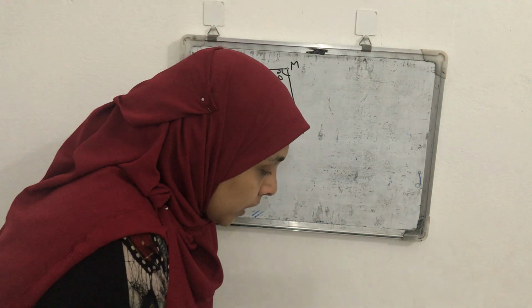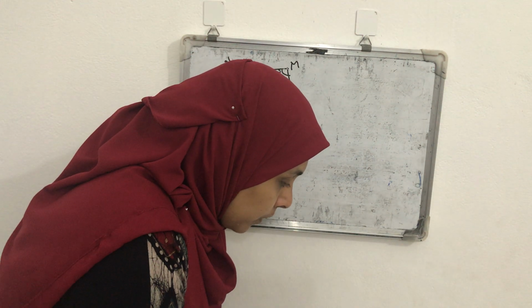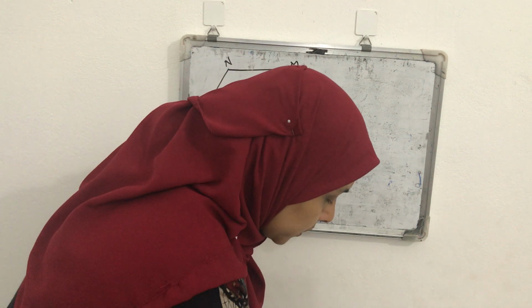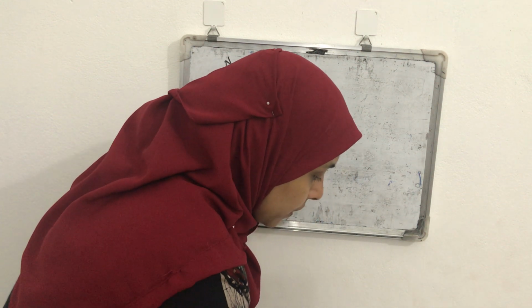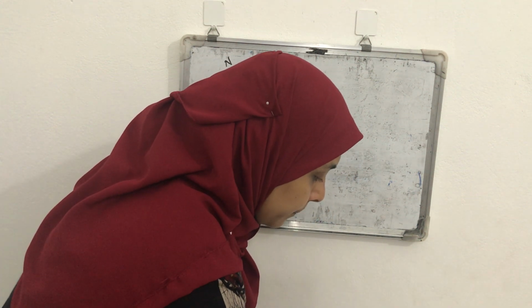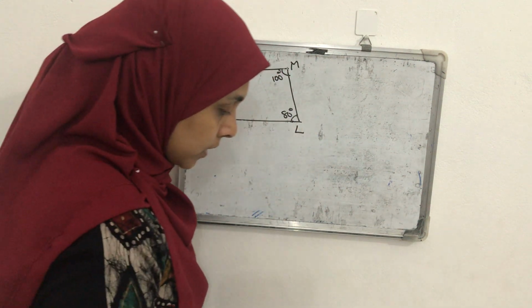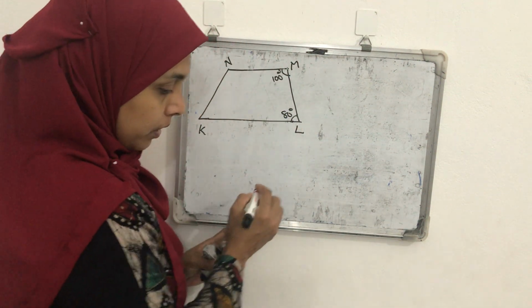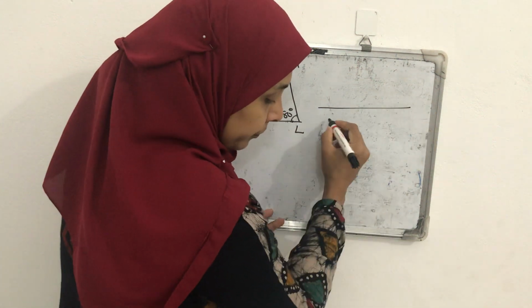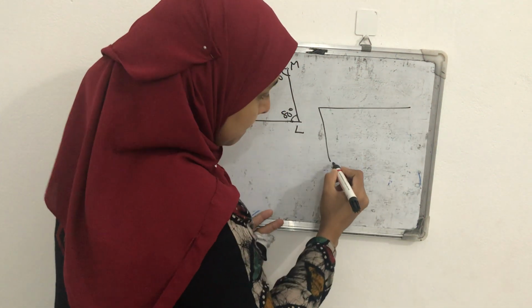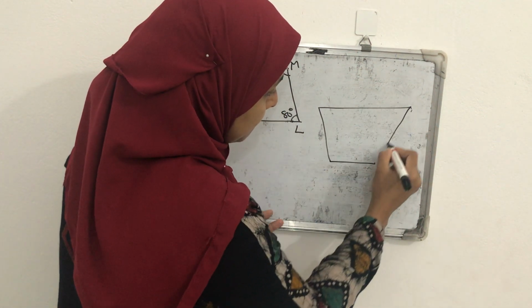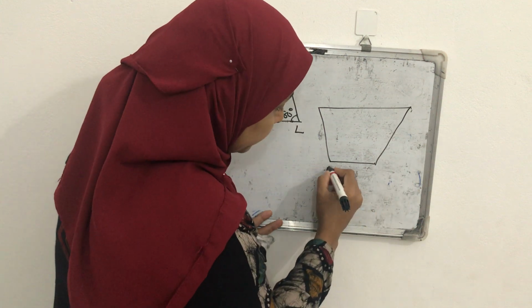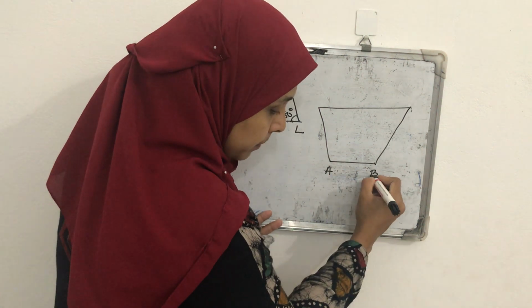Next one, question number 11. Find the measure of angle C in the given figure. Here another figure is given. The name of this figure is ABCD.